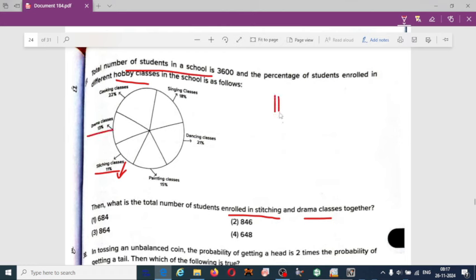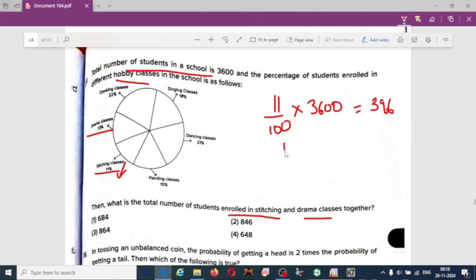So 11% of the total number of students 3600, if you take, you will get about 396 students.